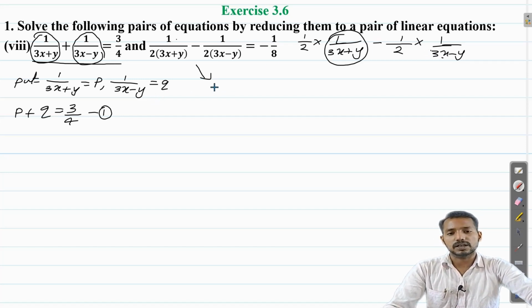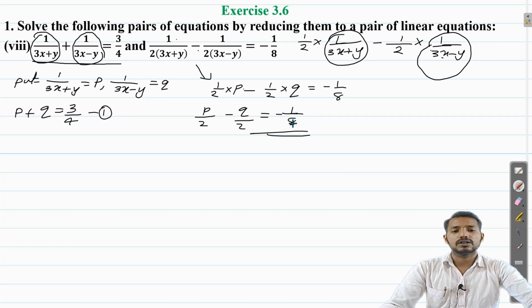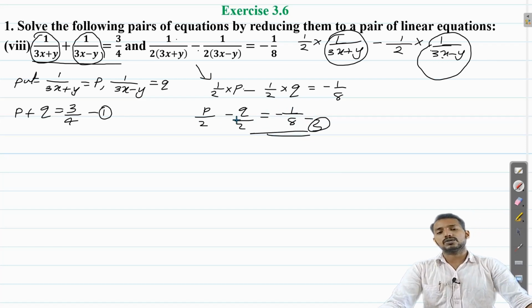So the equation will become 1 by 2 into p minus 1 by 2 into 1 by 3x minus y, which is q, is equal to minus 1 by 8. Simplified, p by 2 minus q by 2 is equal to minus 1 by 8. Equation number 2.